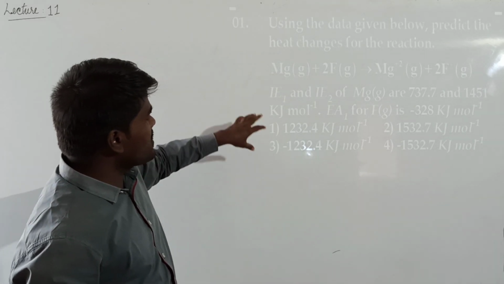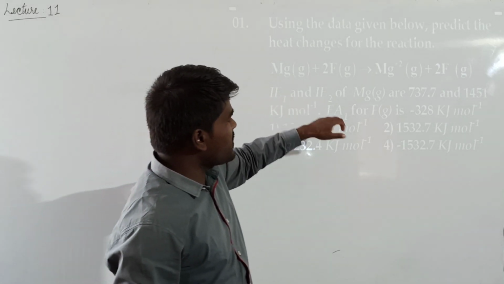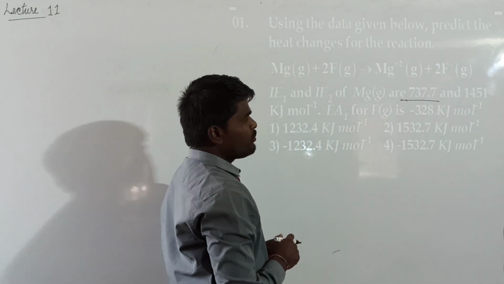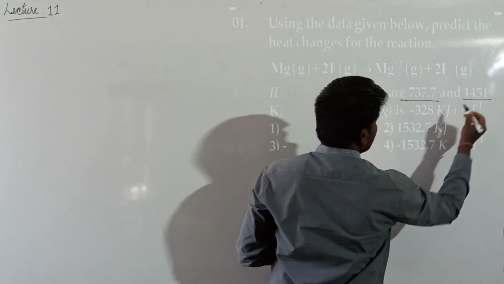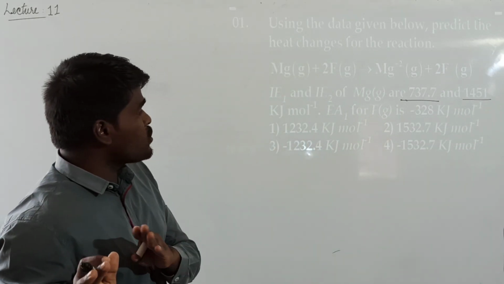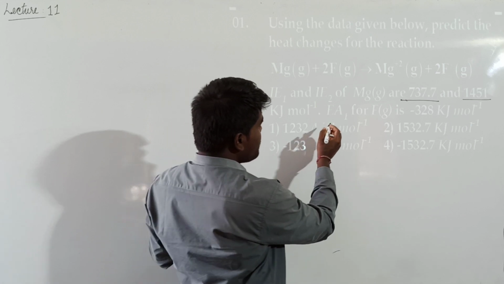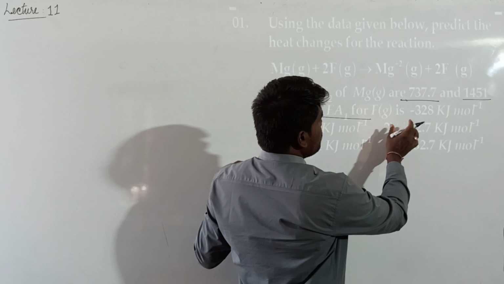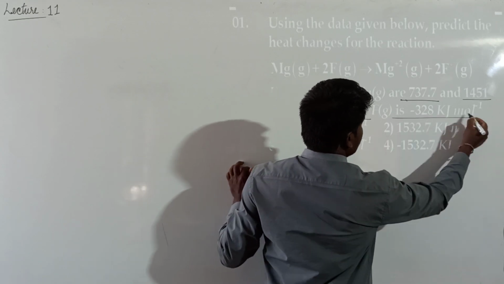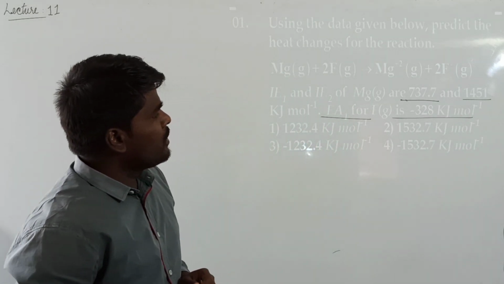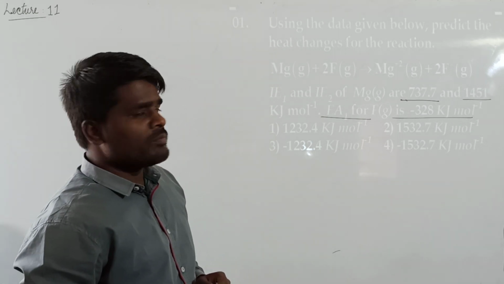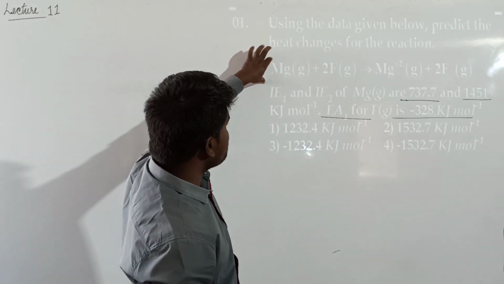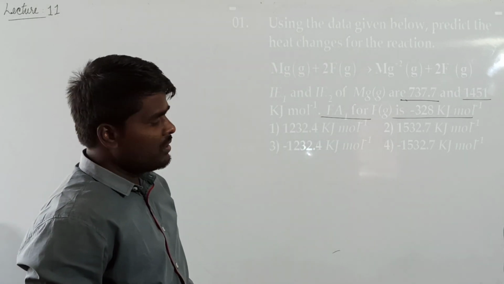Here he has given the first and second ionization energy of magnesium, which are 737.7 and 1451 kilojoules per mole respectively. And he has given the electron gain enthalpy of fluorine, which is minus 328 kilojoules per mole. By using this data, you need to calculate the energy change associated with this reaction.